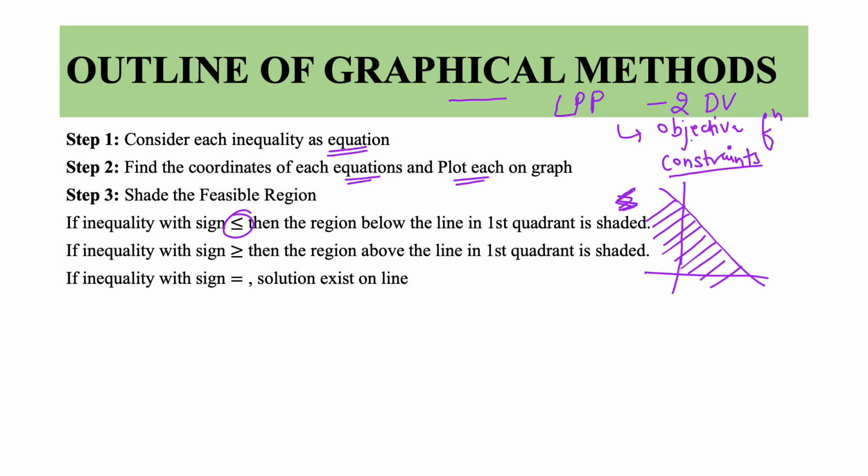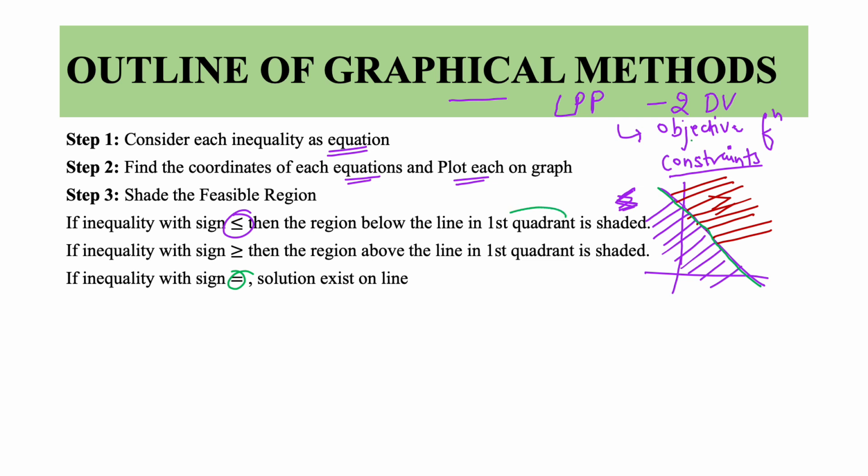If I have a greater than sign, then the feasible region is the region above the line. And last, if I have an equal sign in my equation, then the line itself will be the solution of my equation, so that will be my feasible region.